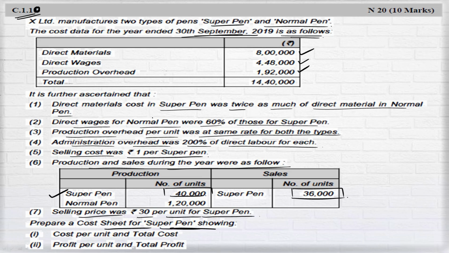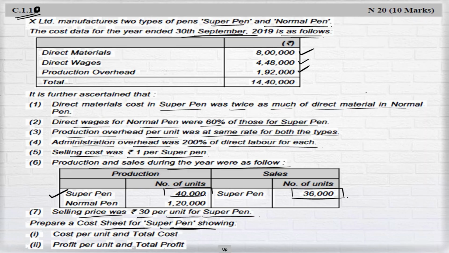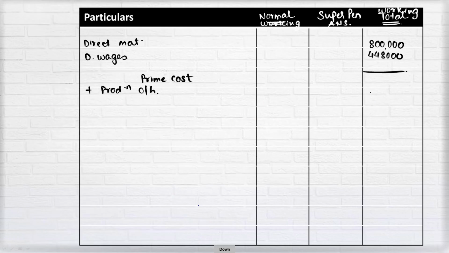So is there any direct expenditure? No. So total of this will be prime cost, plus production overhead. Production overhead is 1,92,000. I will be getting factory cost.